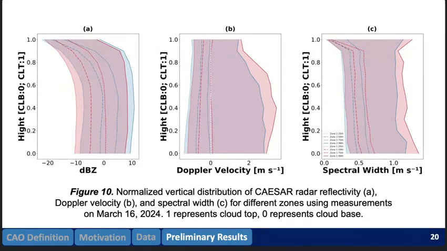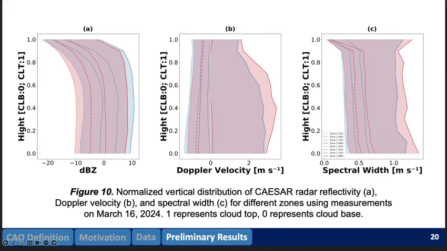So the next thing we do is normalize these results, where 0 represents the cloud base and 1 means cloud top. For zone 2, downwind, we have relatively large dBZ reflectivity, but also large positive Doppler velocity, which means more upward motions.